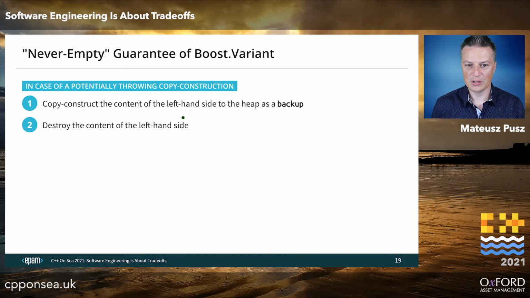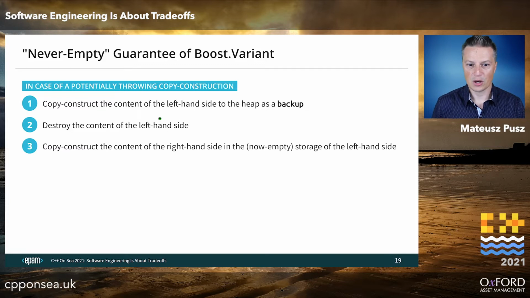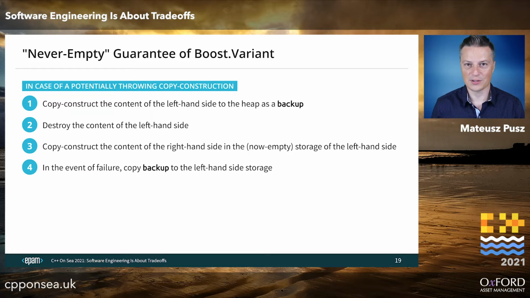Then you are destroying the left-hand side and copy constructing the content of the right-hand side. If there is an exception, so we couldn't establish our fast socket in this case, we copy our basic socket back to the left-hand side, right? So we just undid our operation.